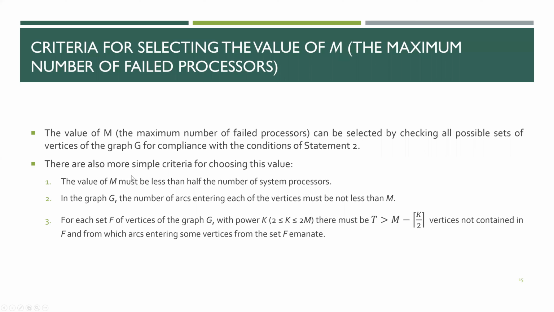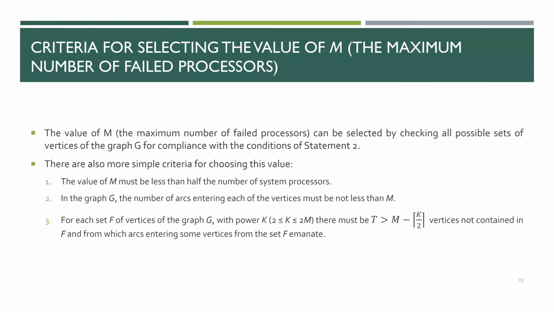However, this criterion is not so useful, and there are also simpler criteria for choosing this value. The first one: the value of M must be less than half of the number of system processors. So this filter can be used to find some bound of the value of M. The second criterion gives us another bound.